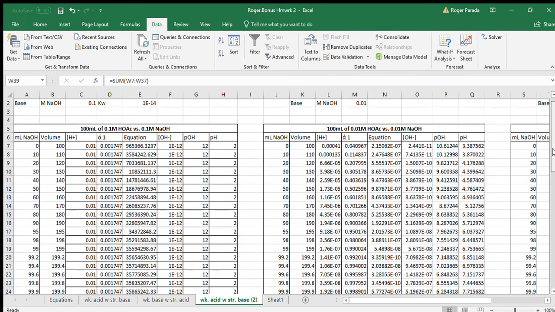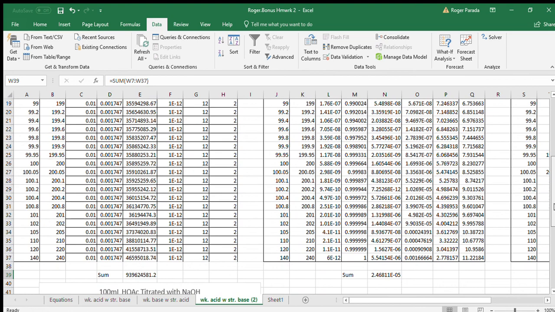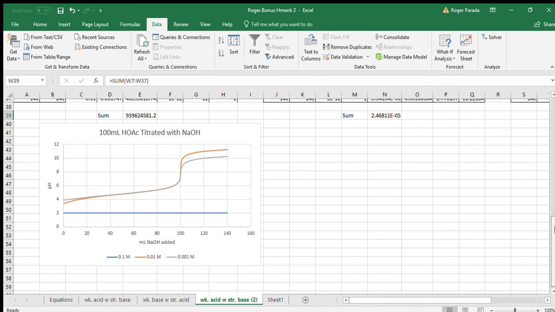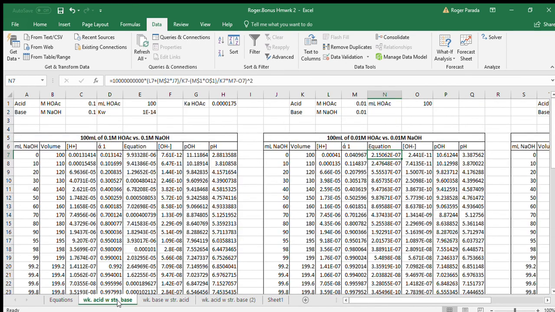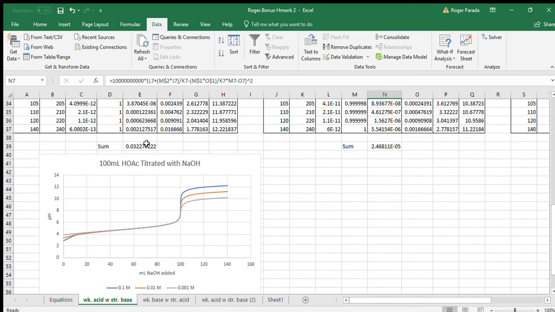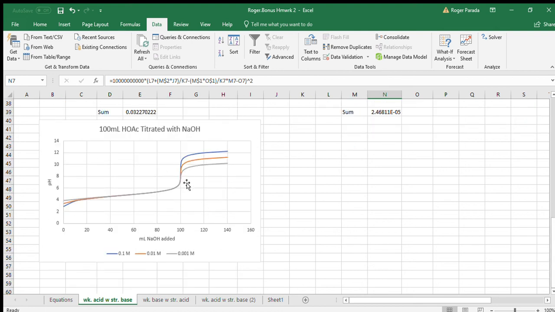And then we can insert our graph and set it up so that the x-axis is our volume, y-axis is our pH. And done this here as well. It's completed here. You can see our value is small here. And here is our graph.